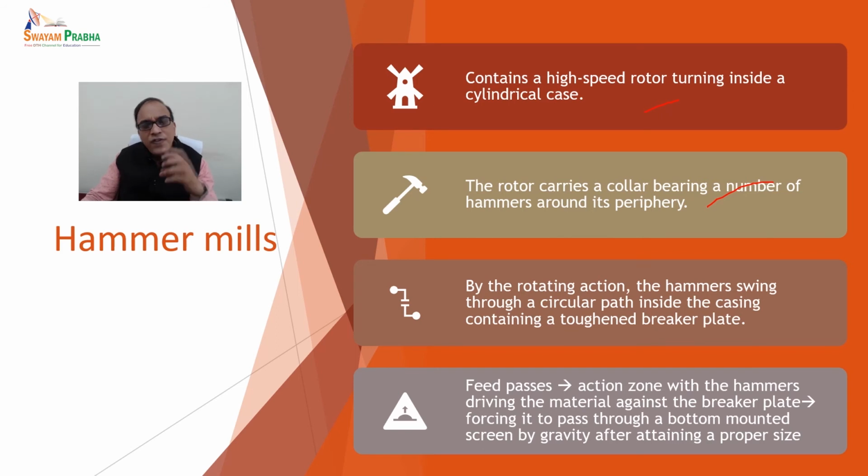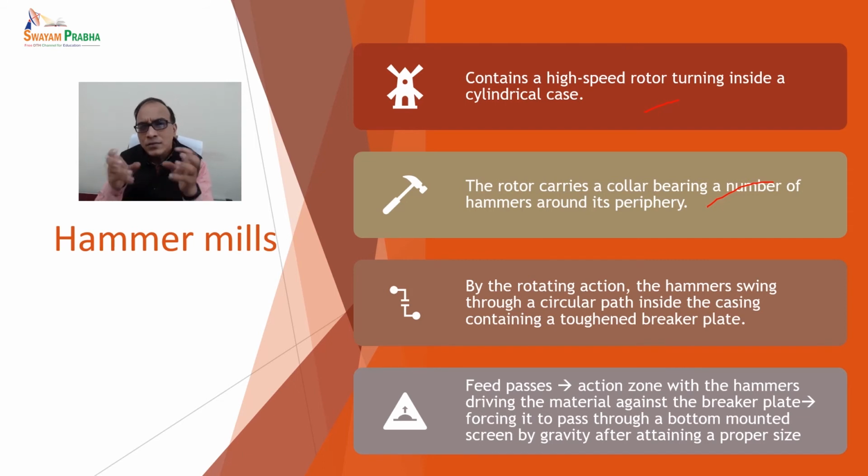The feed passes into the action zone with the hammers driving the material against the breaker plate and forcing it to pass through a bottom mounted screen by gravity when the particles attain a proper size.